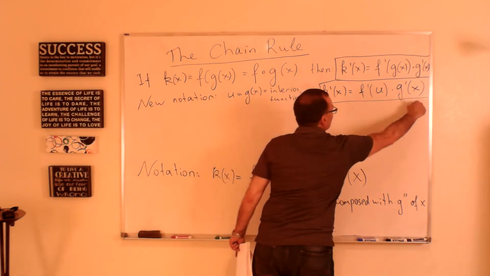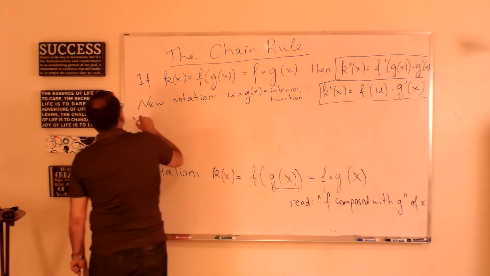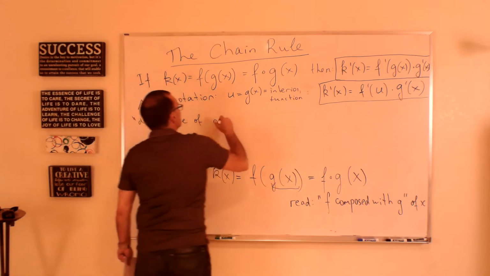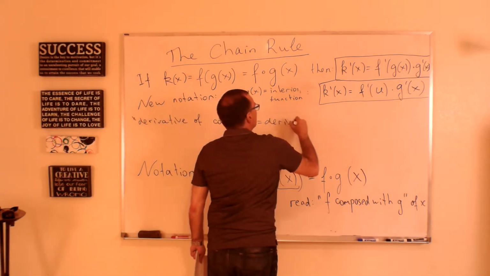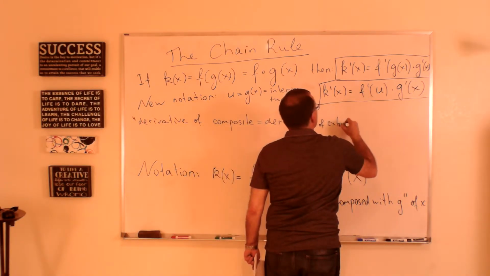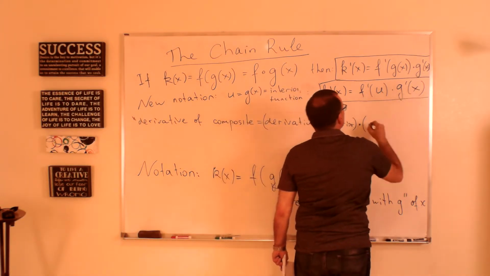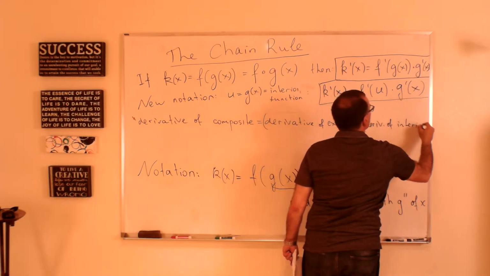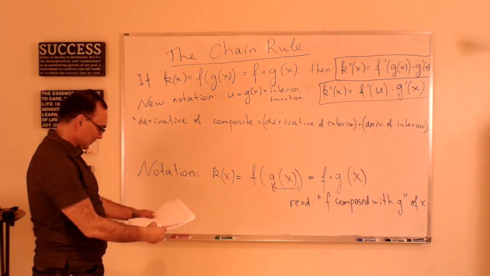So this formula, once again, to memorize it: derivative of composite function equals derivative of exterior multiplied times derivative of interior. So that way it's much easier to memorize and actually easier to apply as well.